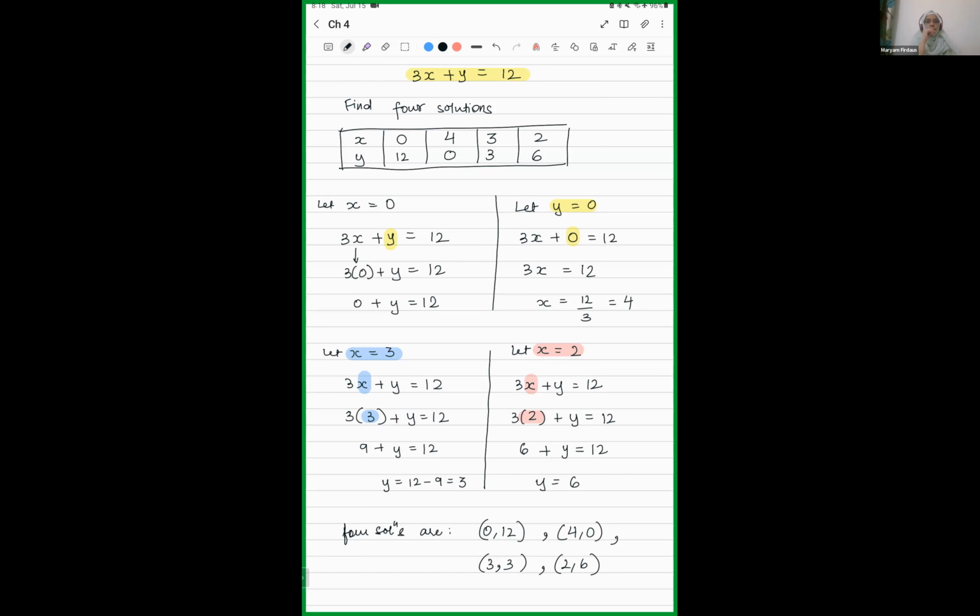Don't copy every single thing. Some calculations you can do by yourself also. If you're getting stuck somewhere, then look at the screen.